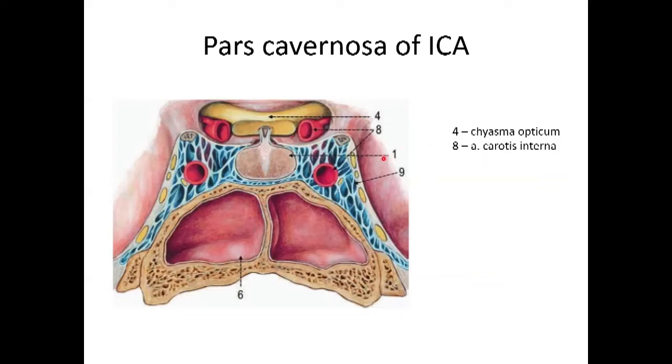So again, this is sulcus chiasmaticus and chiasma opticum, and this is number 1.